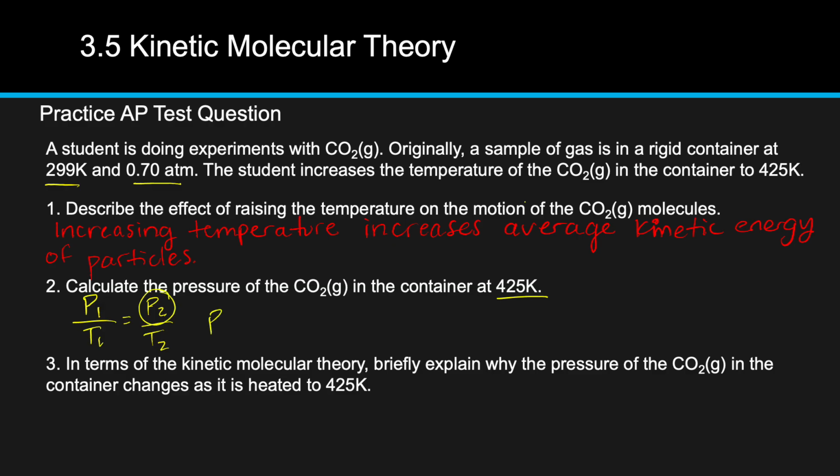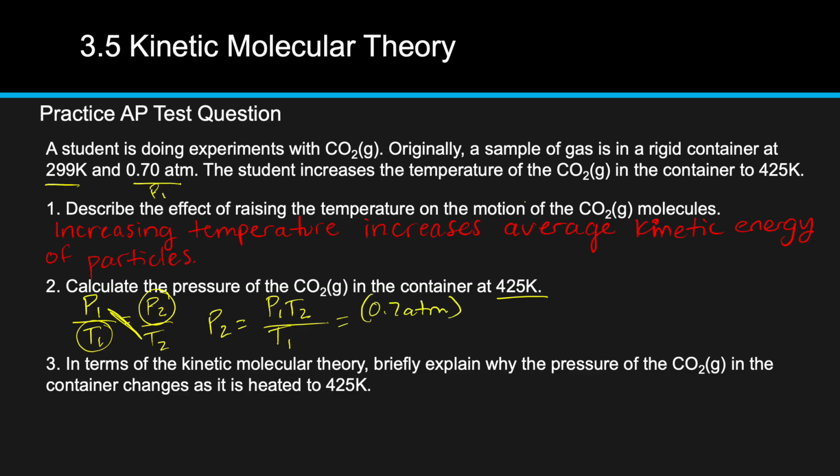So remember, whenever you're doing these types of equations, you want to rewrite it just to make sure you have all the correct variables. The cross multiplication that does not involve the variable is in the numerator, so P1, T2, and then whatever is left is in the denominator, so T1. So P1, our original pressure, is 0.7 atm.